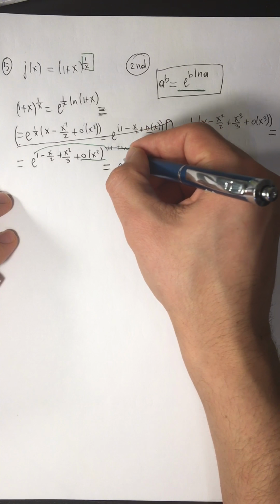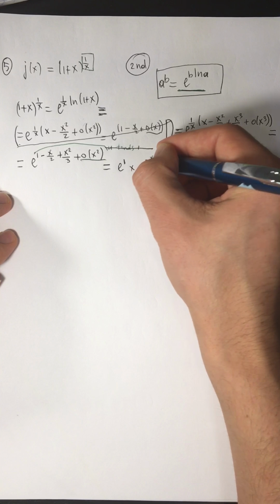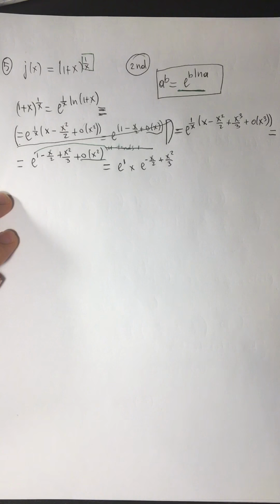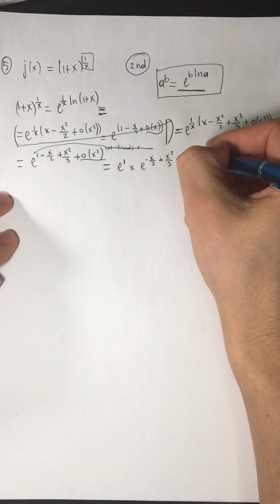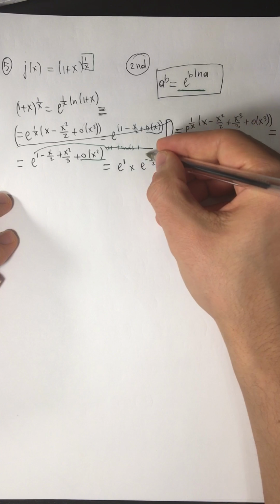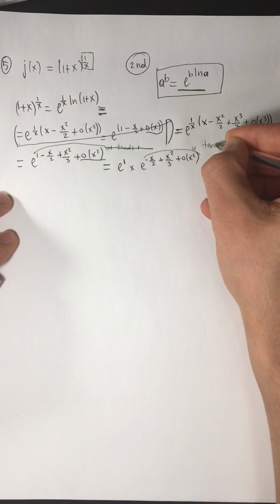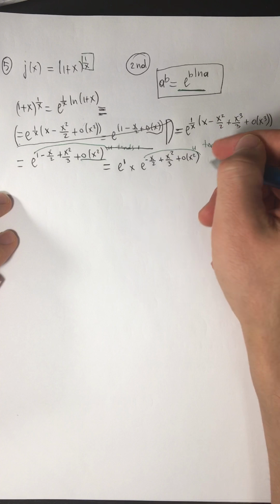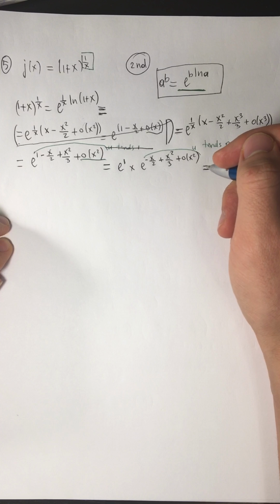What you can do is write this as e to the 1 times e to the minus x over 2 plus x squared over 3 plus o(x squared). And right now, if you say that this is u, and this tends to 0, this is important, as I mentioned before. Tending to 0 is important, otherwise you cannot use the formula.